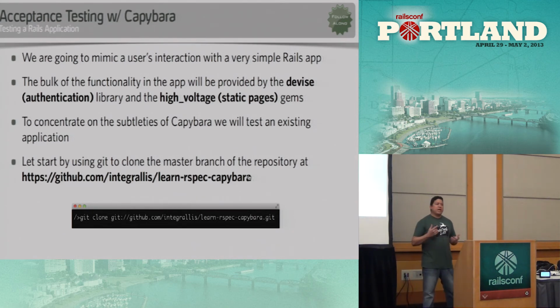So you might as well just go to that URL and then copy the Git URL from there, unless you can copy and paste from the slides, which sometimes with PDF might be questionable. So I'll give you guys a couple seconds to clone that repo, and then we'll have some fun with it.